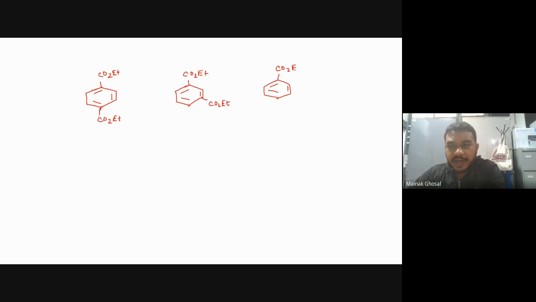It could be ortho, right? So it could be para, meta, or ortho. Which of the following is the structure of the compound? You can easily tell from your NMR spectrum. Which one will be the correct structure?